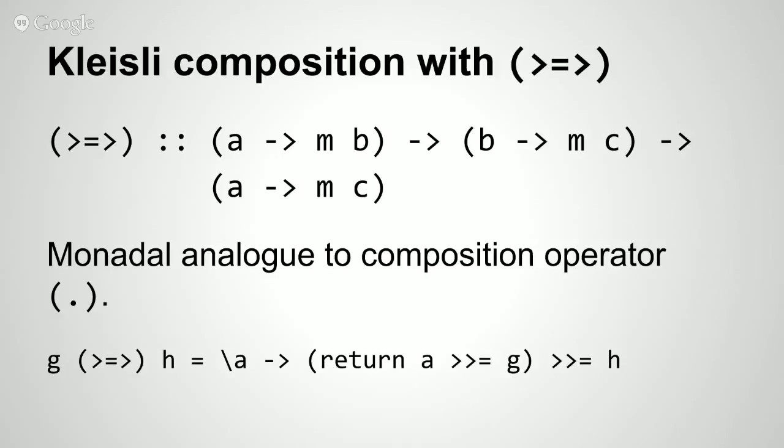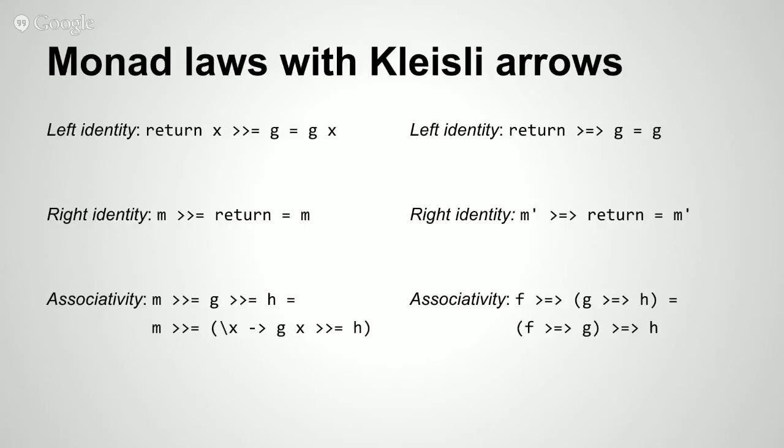And the way it works is it takes... That is correct, isn't it? Yeah, it becomes the function that takes an A, turns it into... I think that's right. I'll have to check, but it's the monadic analog of composition.